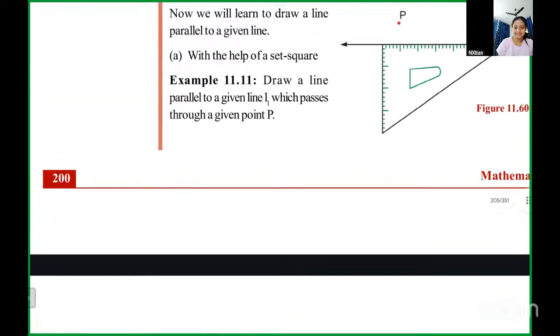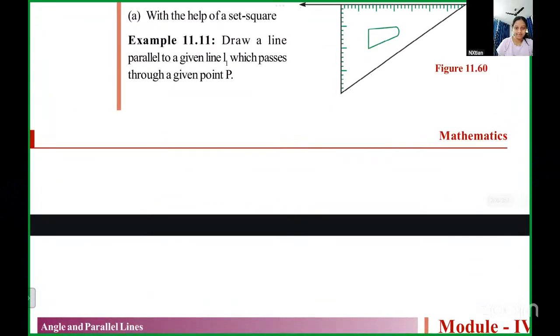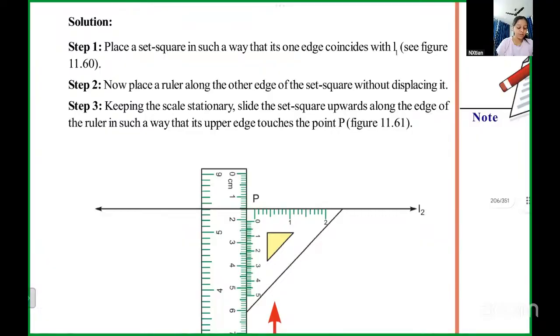No, ma'am. You just use the two lines on your ruled notebook. Okay, two lines on the ruled notebook. Yeah, that is easy. True, because those are parallel, definitely.